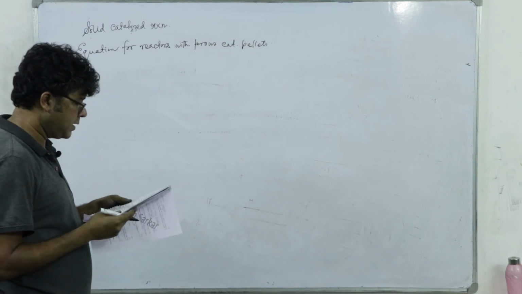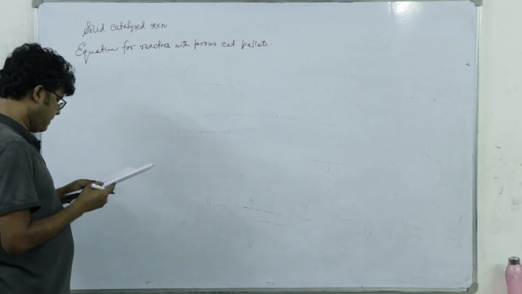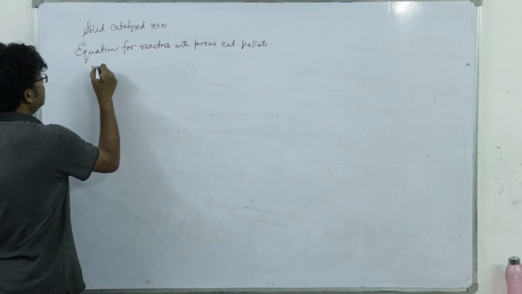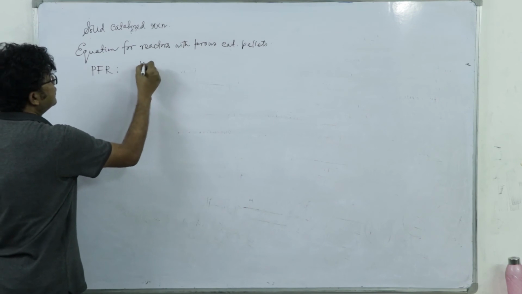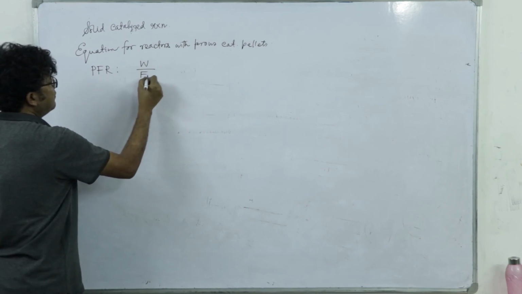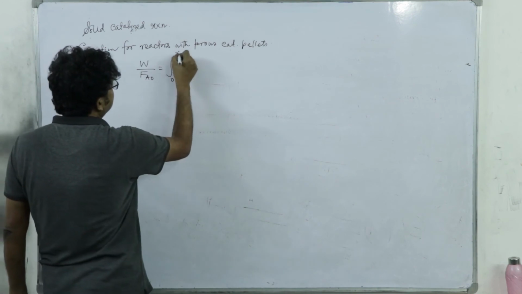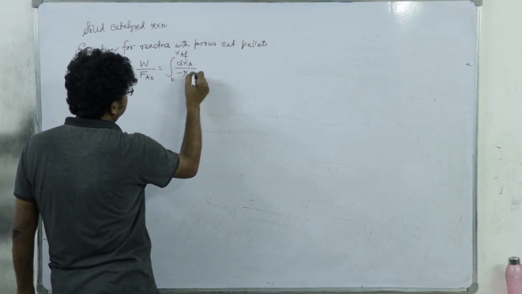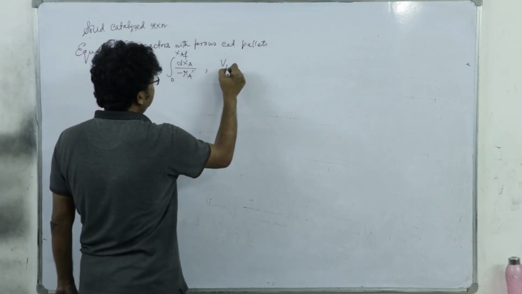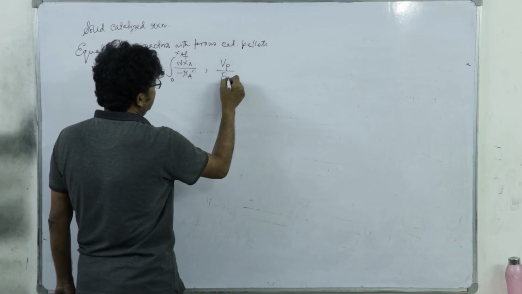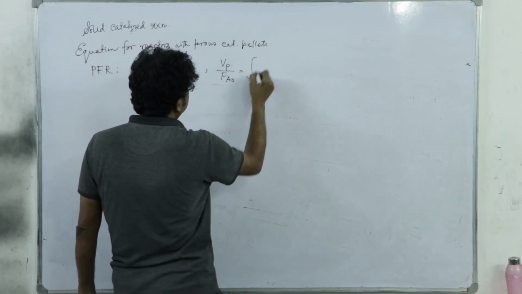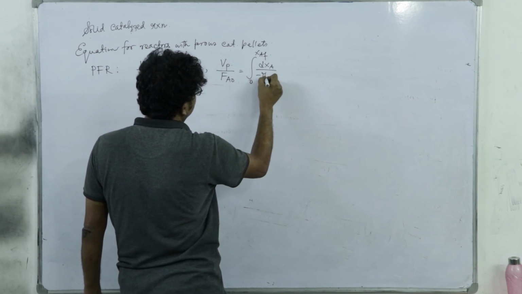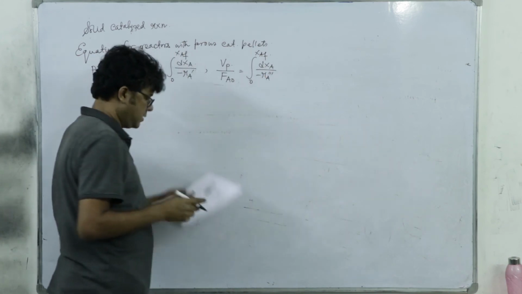For the plug flow reactor, the performance equation will be W divided by Fa naught equal to the integral from 0 to Xf of dXa divided by minus Ra prime, just like the normal plug flow, or we can have Vp divided by Fa naught equal to the integral from 0 to Xaf of dXa divided by minus Ra triple prime.